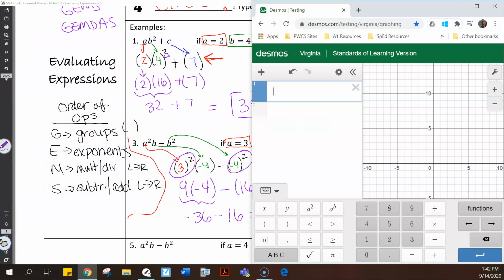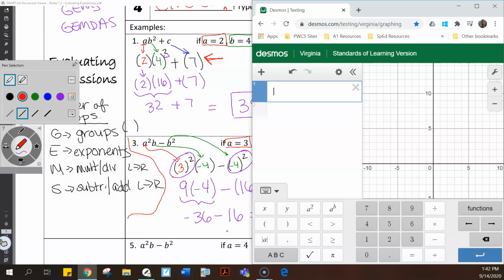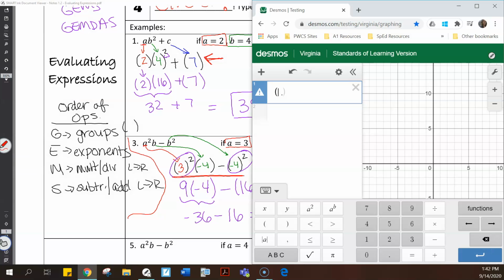So I'm going to type in my substituted version. I'm going to do this version right here. So I get parentheses 3 squared. So 3 goes where it's supposed to. Parentheses -4 minus parentheses -4.